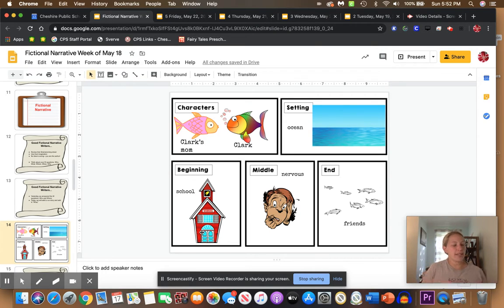So we started out by saying, one day, Clark the rainbow fish was swimming through the warm ocean water. We're going to have mom say something. Clark, don't forget, you start school tomorrow.